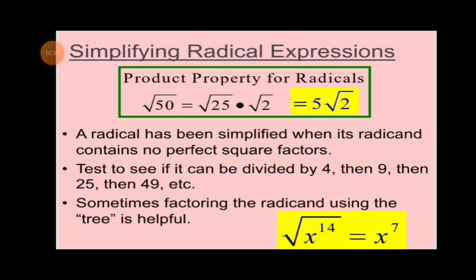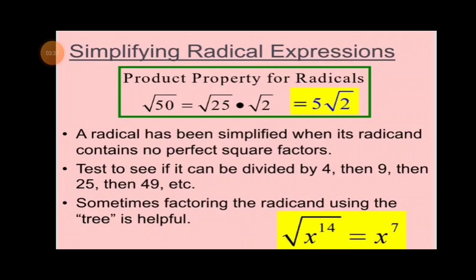When we find two numbers that multiply to result in the equation, one must be a perfect square. So just like the example, the square root of 50 is equal to the square root of 25 times 2. 25 is a perfect square. So the square root of 25 times the square root of 2 is equal to 5 square root of 2.